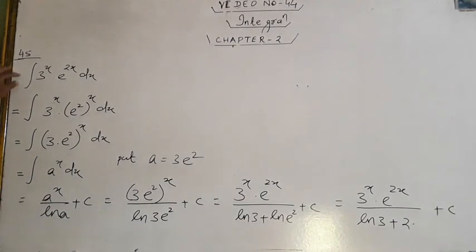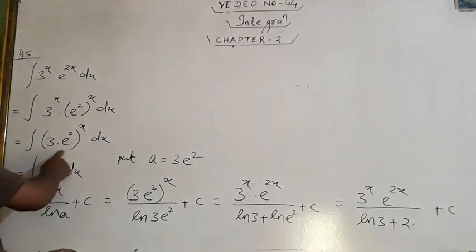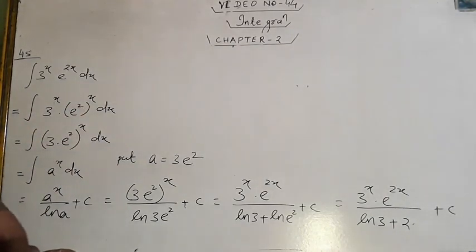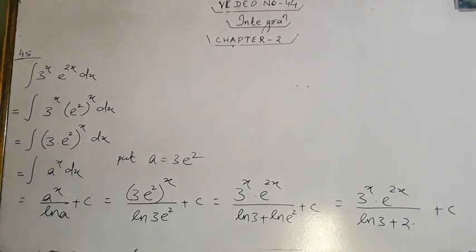Look at this problem. It is 3^x e^(2x). The base 3 is constant, and e^(2x), the base e is also constant. Take it as 3^x and (e²)^x. Now with power x, make them one base, that is (3e²) whole to the power x. Take a equal to 3e². It becomes the integration of a^x dx, and we know the formula of the integration of a^x is a^x by ln a plus c.